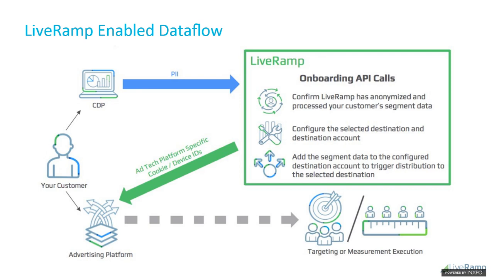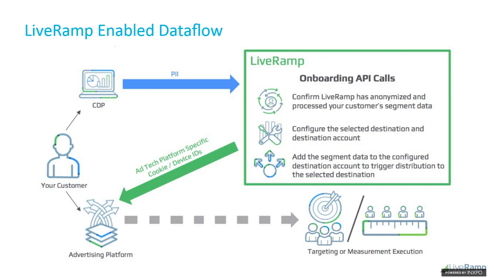This picture here shows you the data flow that can sort of happen between an ARM Treasure Data and a LiveRamp. First, we take that PII and you onboard it into our platform. Through the APIs that make that sort of a seamless experience with your CDP, we immediately strip all the PII out of that data and append our identity link, so that ubiquitous identity that spans across the entire digital ecosystem.